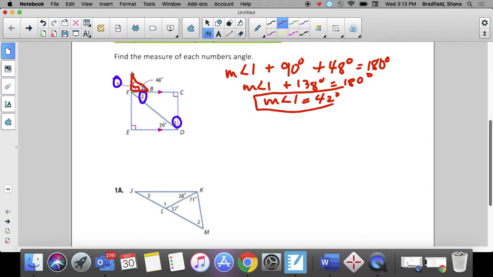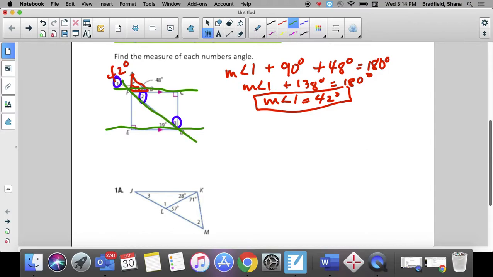So if it was possible, I could use that in finding the other ones as well. So angle 1 is 42 degrees, and I'll put that one down there. Then I'm going to go to angle 2, because I see that I have some of those little triangle markers that represent parallel lines. Okay, so here are parallel lines, and imagine this is our transversal here.